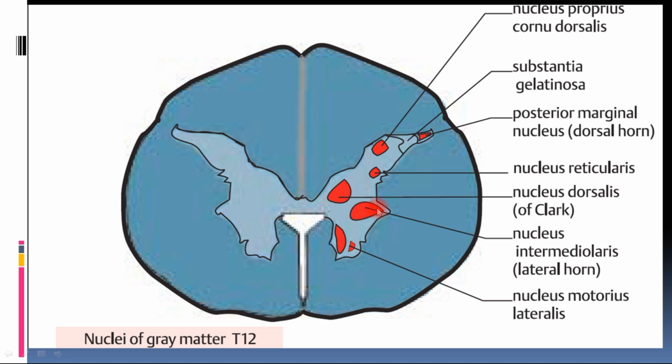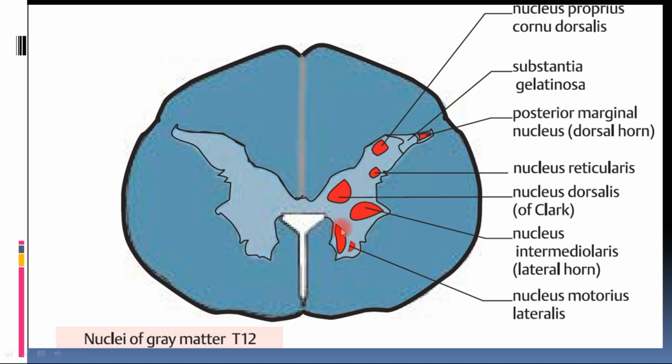So this nucleus intermediolateralis is responsible for giving rise to the neurons coming out from the spinal cord as sympathetic or parasympathetic output. So the cell bodies are located in this nucleus, and from here arise the neurons for the autonomic nervous system, and it is located where? In the lateral horn of the grey matter of the spinal cord.